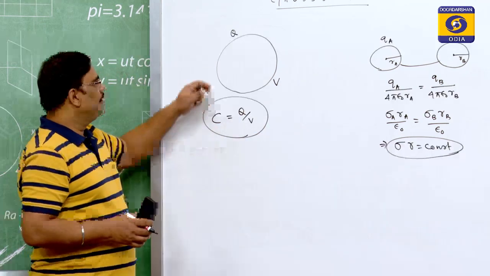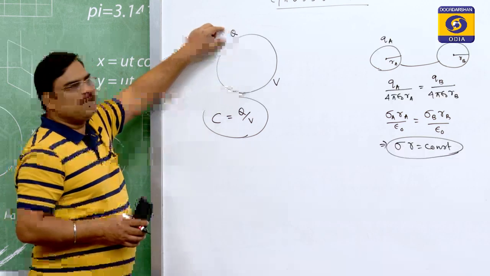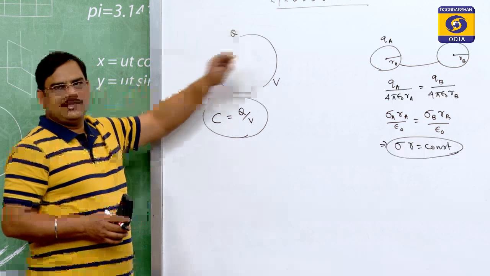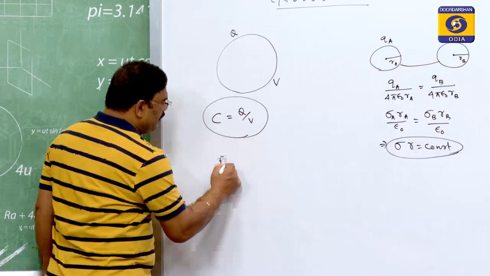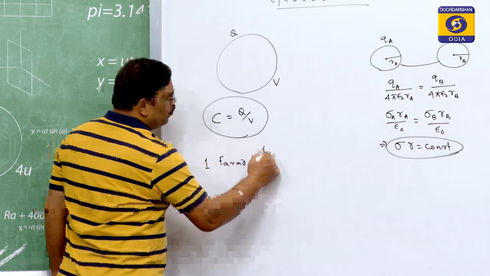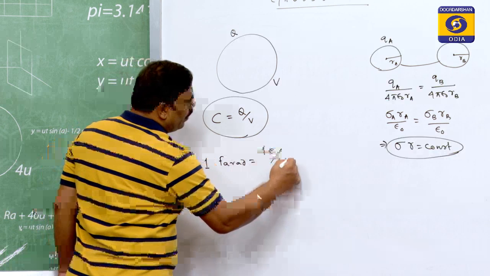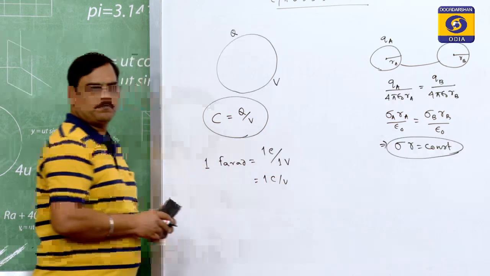If I give a potential of 1 volt, the amount of charge developed on the conductor is known as its capacity. The unit of capacity is farad. 1 farad is 1 coulomb per volt.